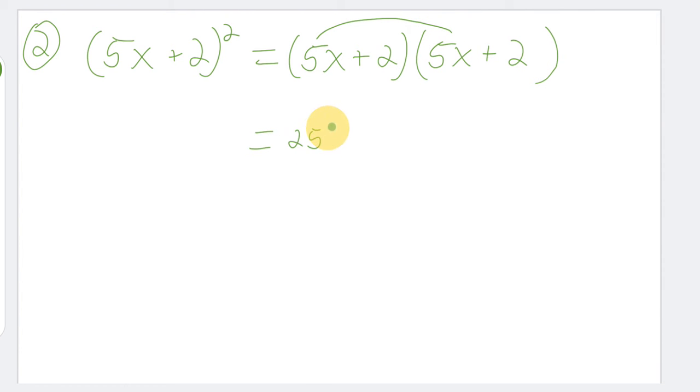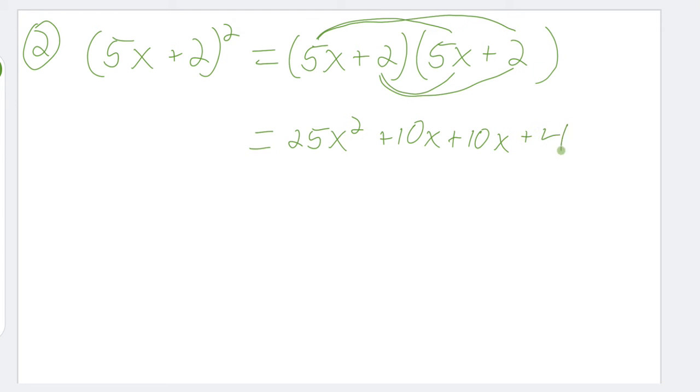So it's going to be 25x squared. 5x times 2 is 10x. 2 times 5x is another 10x. 2 times 2 is 4. 10x and 10x is 20x, and then plus 4 on the end.